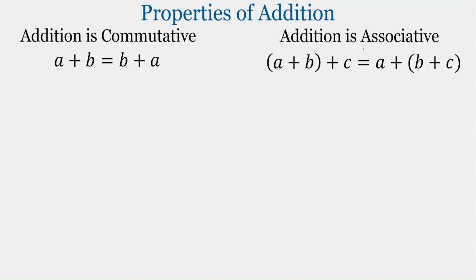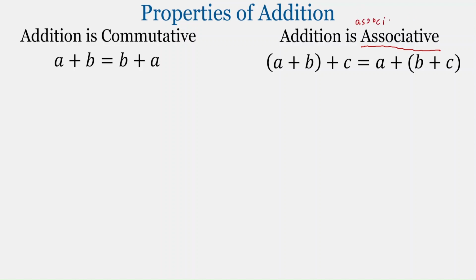To me, the hardest part of these two properties is remembering which one is order and which one is grouping. How I remember is that associative is about grouping, and how things are grouped is also known as how they are associated.